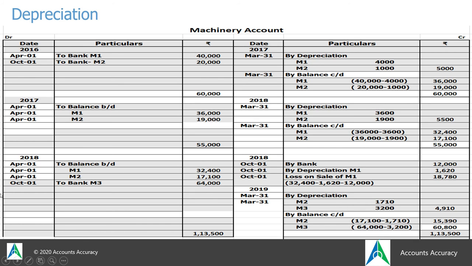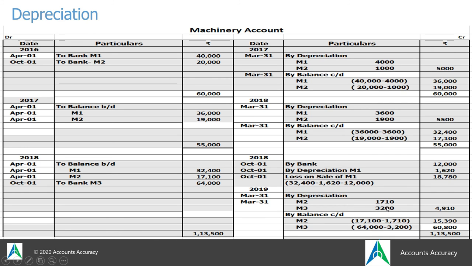Again, the third machine was purchased on 1st October, so for this M3 we provide depreciation only for 6 months, because till 31st March it was used only for 6 months at the rate of 10%. So the depreciation would be 64,000 into 10 by 100 into 6 by 12, which comes to 3,200. These are the two depreciation values for the remaining two machines.